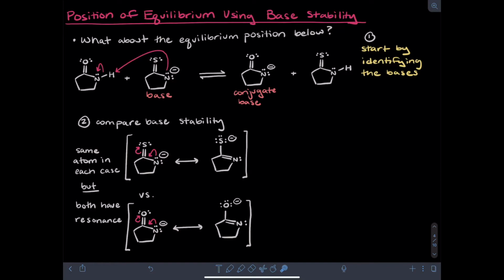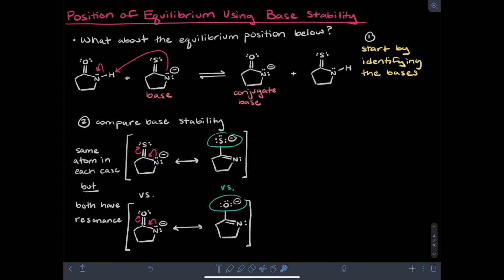In my second resonance form, in each case I have a carbon-nitrogen double bond, but now I either have a carbon single bond to sulfur with a negative charge, or a carbon-oxygen single bond with an oxygen with a negative charge.